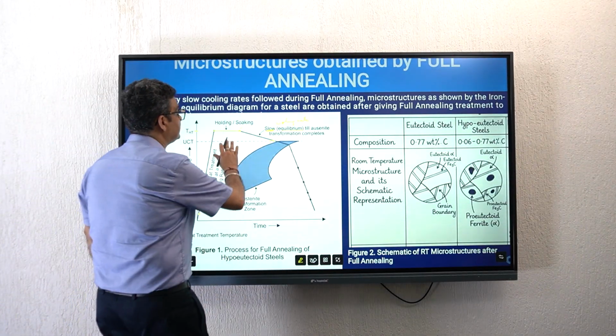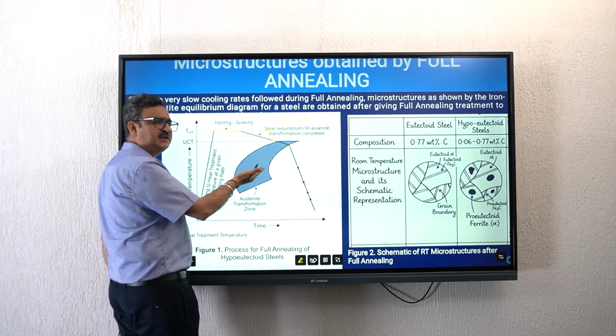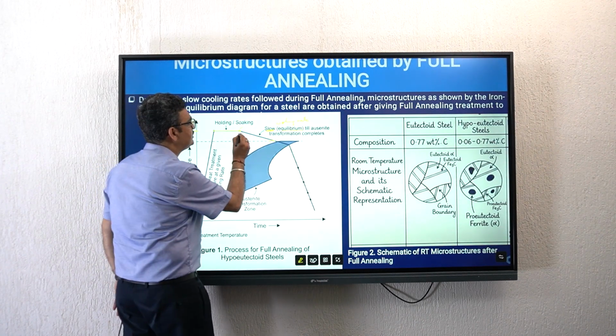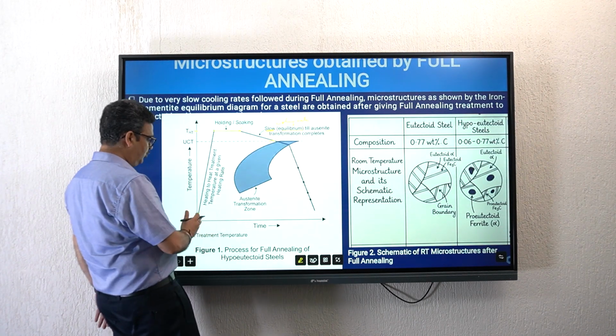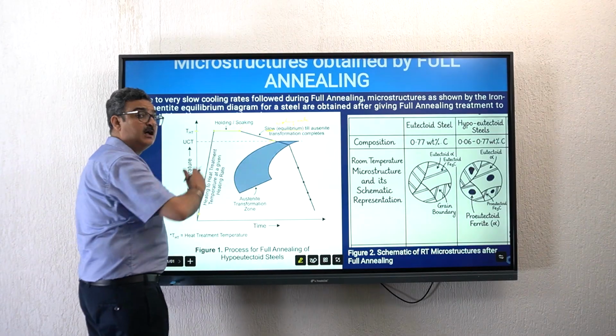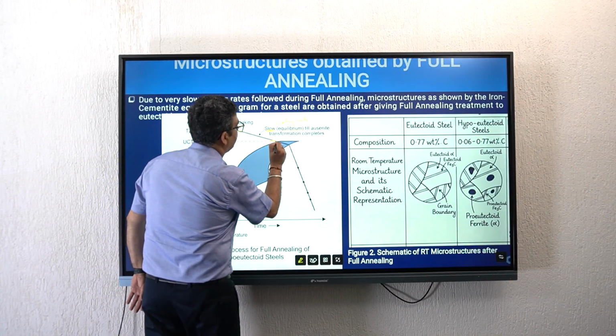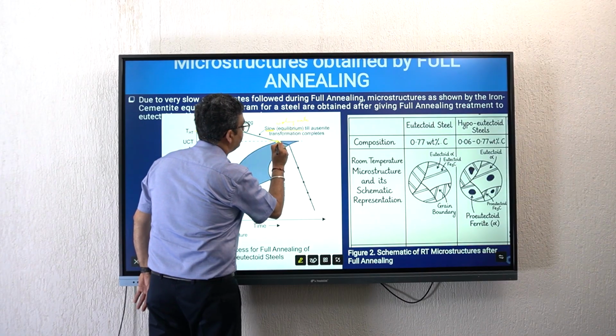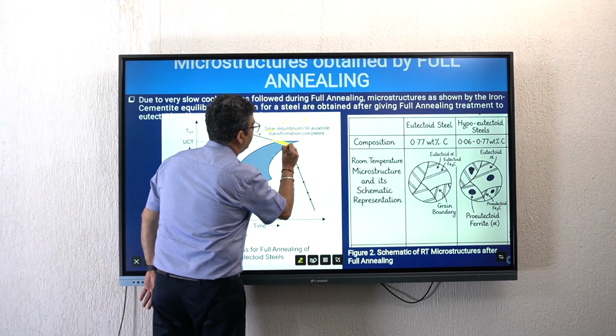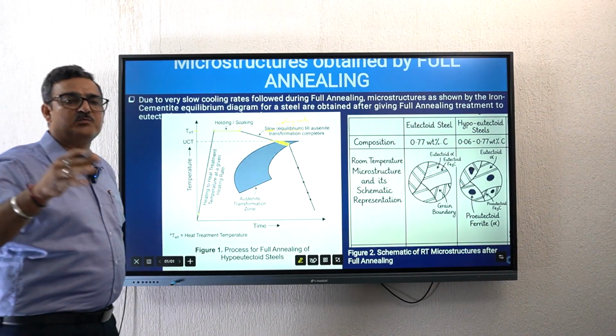Till austenite has transformed. And that you can see from the CCT diagram. The CCT diagram will show you for this steel receiving full annealing heat treatment that transformation of austenite starts here. Austenite transforms, and here the transformation is complete.